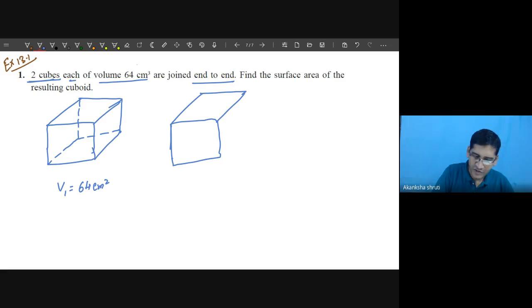Let me draw it separately first, then we will place it together. The second cube also has the same volume.